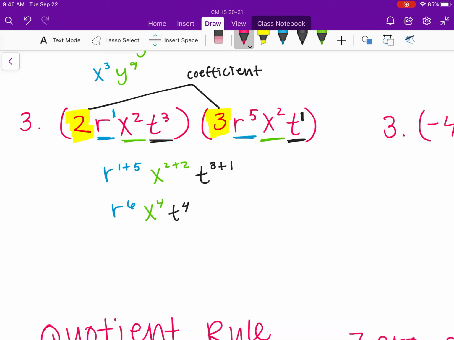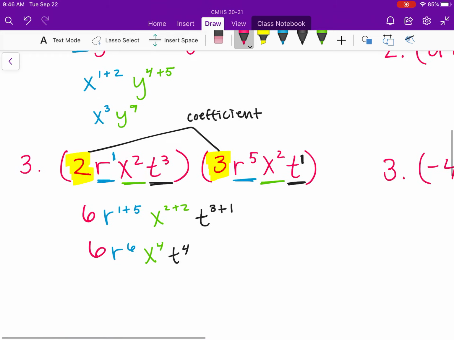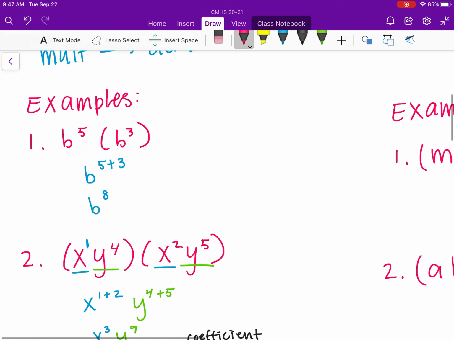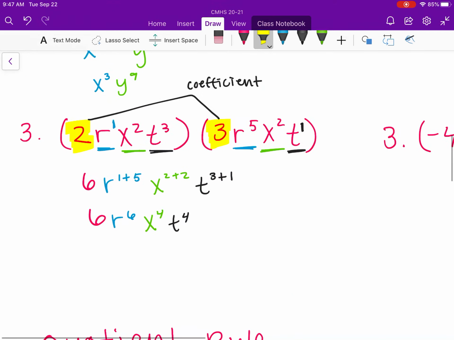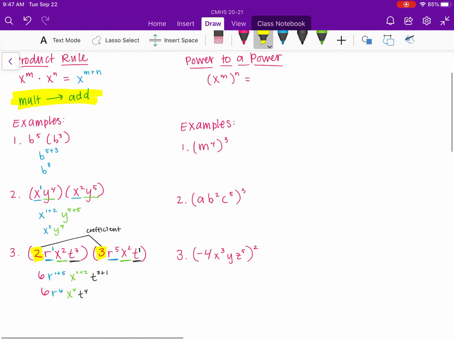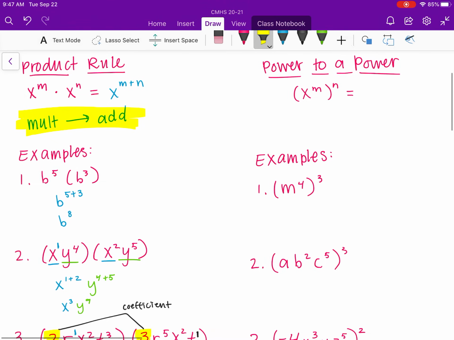So don't add these, actually multiply. 2 times 3 is 6. That's what's different between the big numbers and the little numbers. The big numbers, we do what we're actually supposed to do. And the little numbers, we use our little trick right up here. So don't use the trick for the big numbers. Okay, that is all for the product rule.